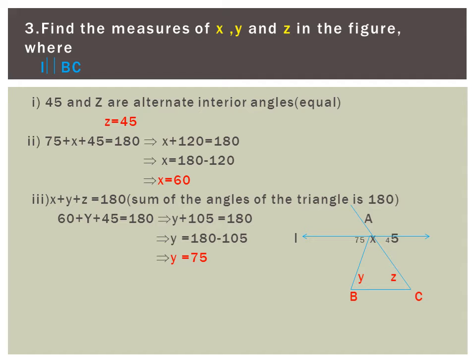Angle Z and the 45 on the outside are alternate interior angles, so automatically Z is equal to 45. Next, 75 and x plus 45 together are equal to 180, because they are straight angles.